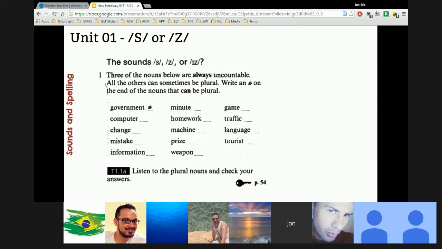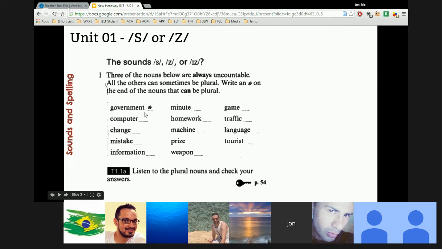Languages. So you have to add the extra syllable there. Languages. And the last one goes to Sergio. Tourist becomes? Tourists. Good. That's difficult to say for most people. Tourists. There's a little s at the end of it.